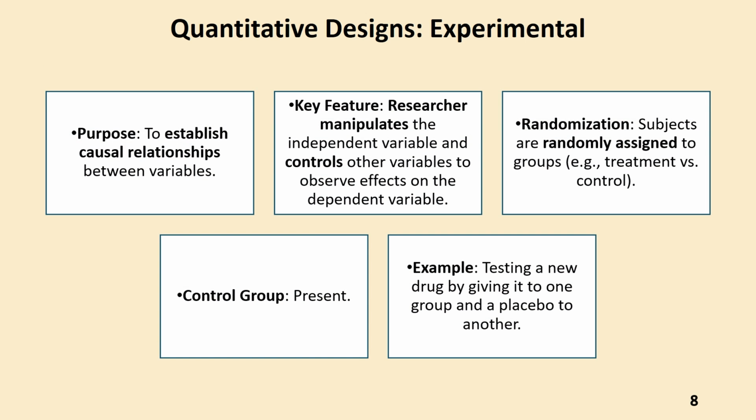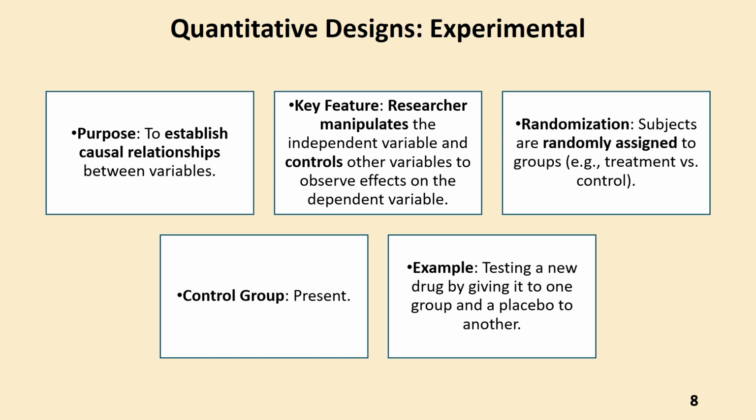Now, quantitative design: experimental. A very useful design that we use in quantitative approaches. So, let us discuss it. First is purpose. Why use experimental design? It is very important for a researcher to understand when and how to use this design.